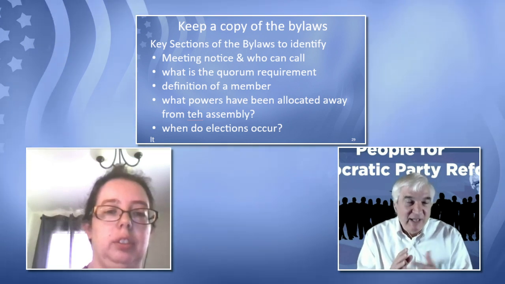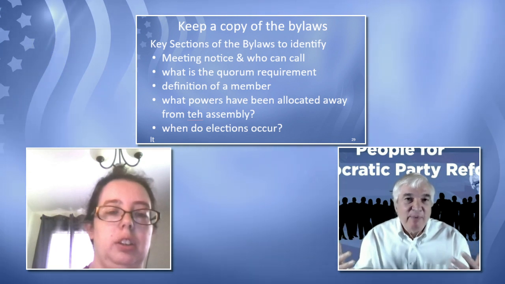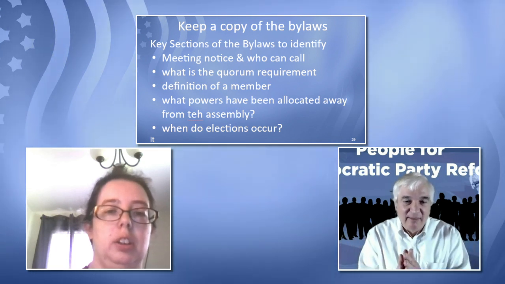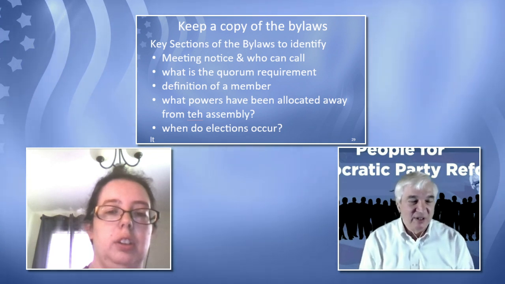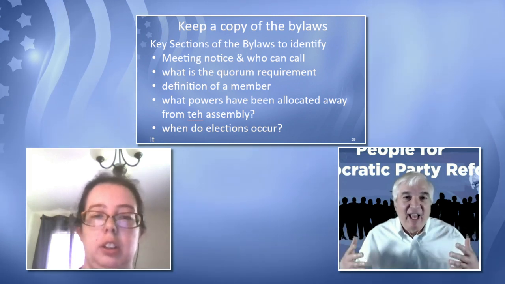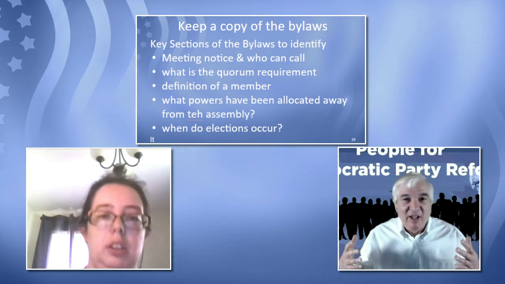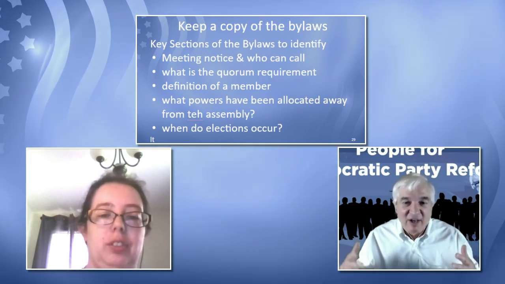Hopefully you've received the rules in advance, so that you can work with your like-minded people and get people to speak for your motion and get it overturned. Because what you're going to have is a lot of people staring at you going, why are these people blocking our meeting? We just want to get on with the business and go to our cocktail party.